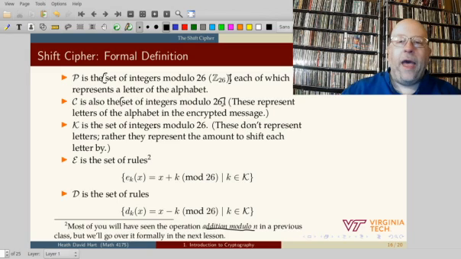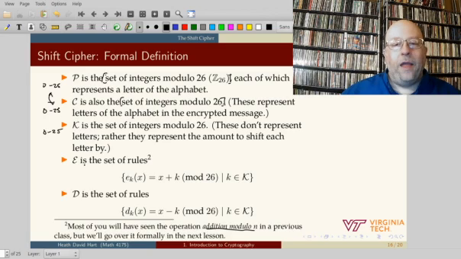And K is also the set of integers mod 26, but these numbers don't represent letters. They represent the amount to shift each letter by. So each of these is a number between 0 and 25. These represent letters. This just represents a shift amount.